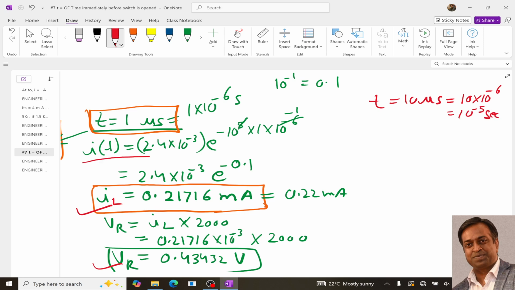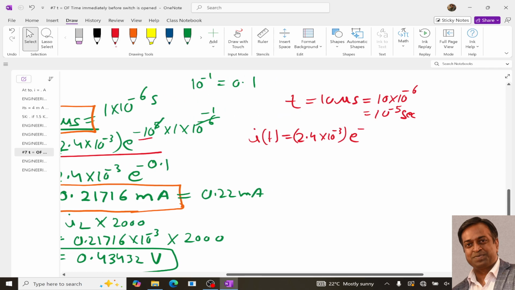Now the IT formula is this, so we will substitute this. IT is equals to 2.4 into 10 power minus 3 e power minus 10 power 5, into 10 power minus 5, right?